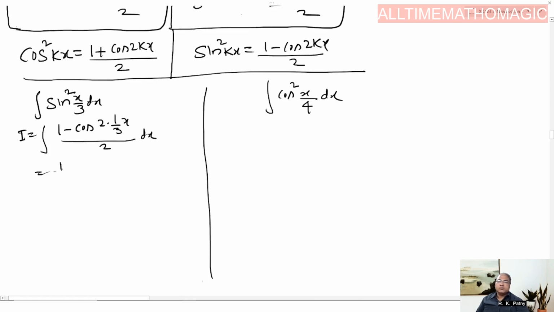This equals 1 minus cos 2x by 3 upon 2 with respect to x.